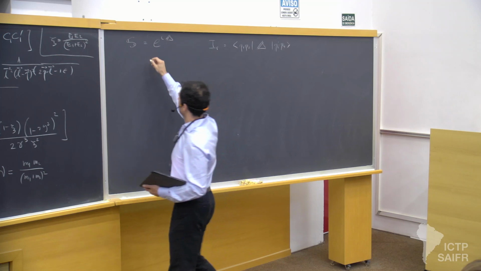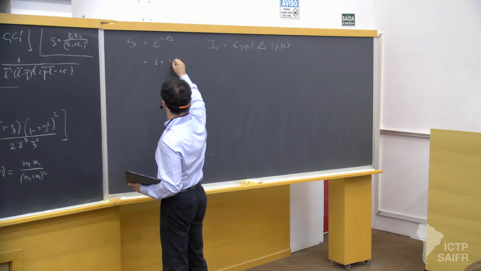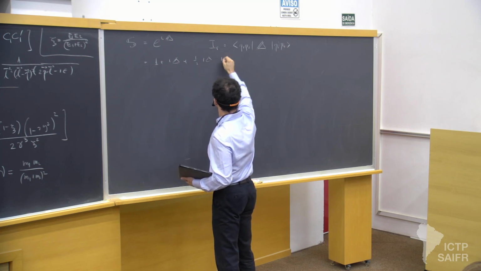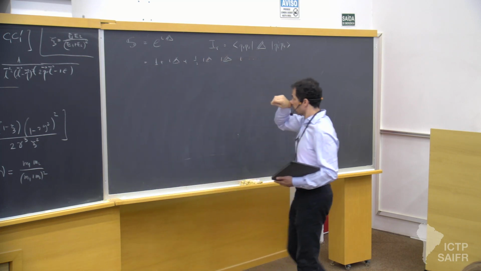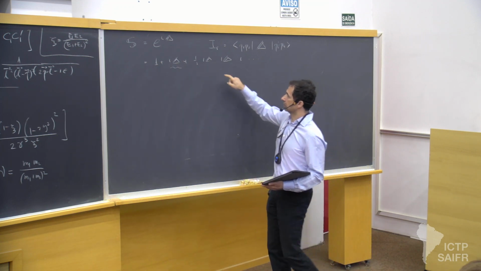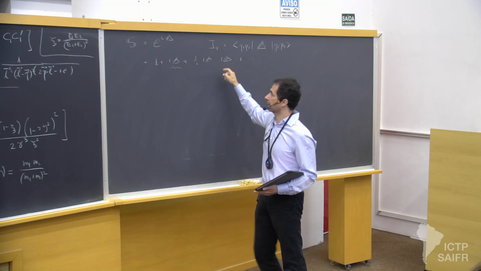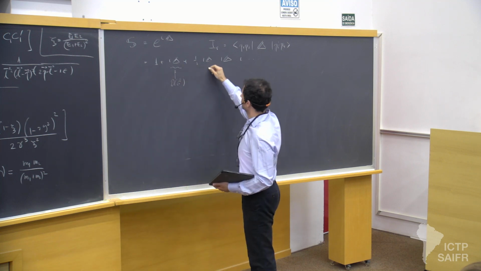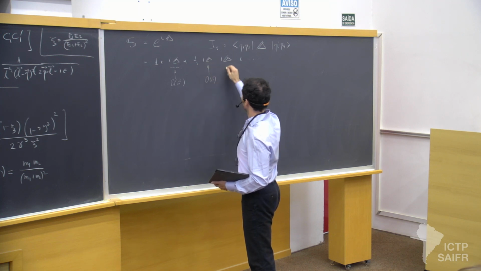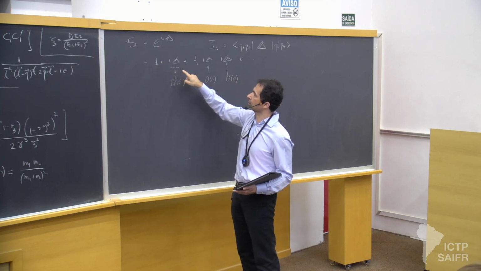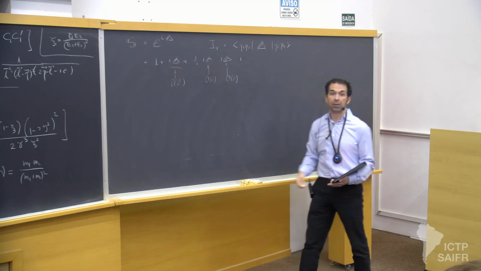But the S matrix started out its life as 1 plus I delta plus a half the other delta plus a half I delta, and so on. So to extract the one loop correction to I delta, of course we need to subtract again something that is, so one loop here, order G square here. This one interferes with order G in there and order G in there. So the actual S matrix element at one loop is a combination of this guy and that guy. So we need to separate them somehow.